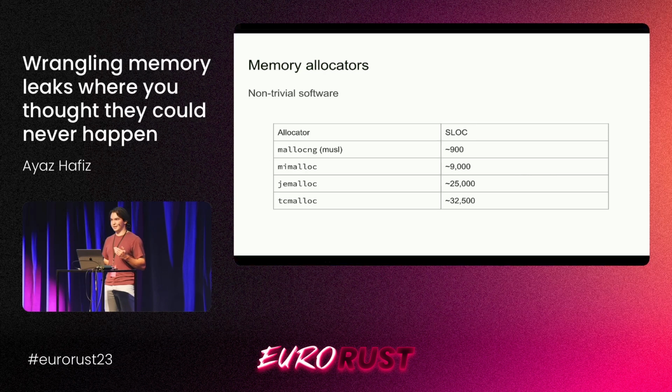But it turns out that the memory allocators that we use in practice are very, very sophisticated. And lines of code might not be the best metric in general, but maybe it gives us a baseline to work with. So malloc-ng, which comes from the musl libc implementation, is about 900 lines of code, which, okay, I think I can get why that needs to be the case. But then mimalloc, which is developed by Microsoft, and which Daan Leijen's Koka language also uses, is an order of magnitude more.